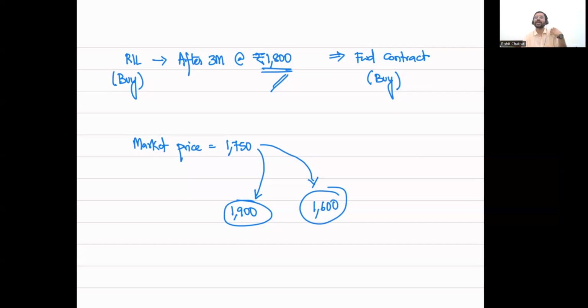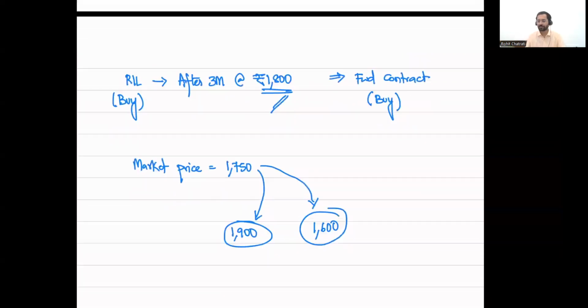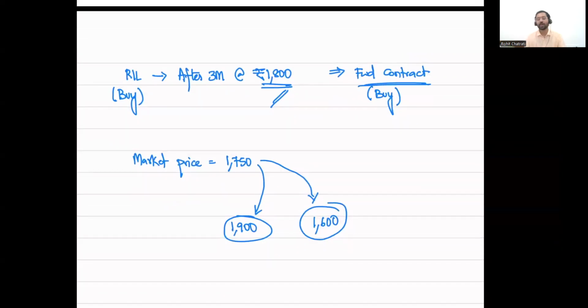Therefore, I am at a loss. So when the share price goes up, I'm at a gain. When the share price falls, I'm at a loss. Clearly, my gain or loss in the forward contract, or the value of the forward contract, is changing in response to a change in the underlying variable.